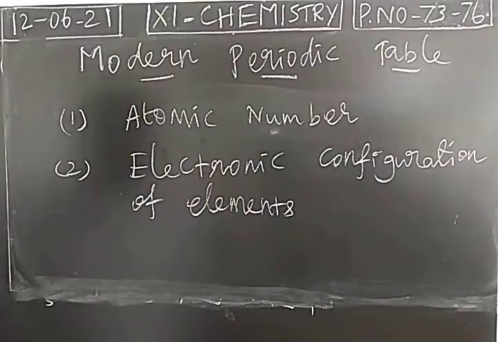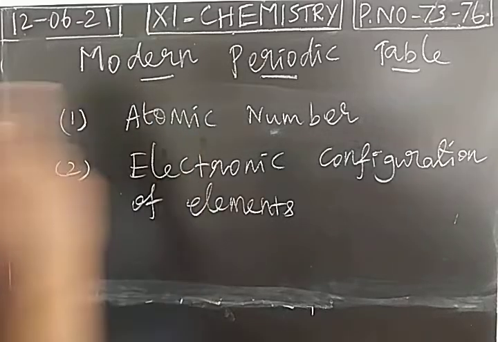Atomic number is nothing but the number of protons present inside the nucleus of an atom, or the number of electrons present outside the nucleus. Mostly we consider the number of protons because electrons are involved in reactions. An atom can become a positively charged cation or a negatively charged anion. So mostly we consider the number of protons present inside the nucleus of an atom as the atomic number.